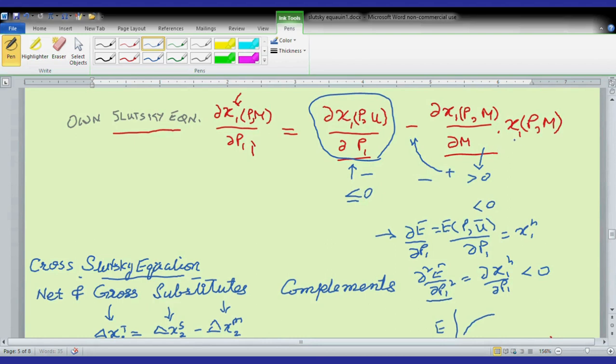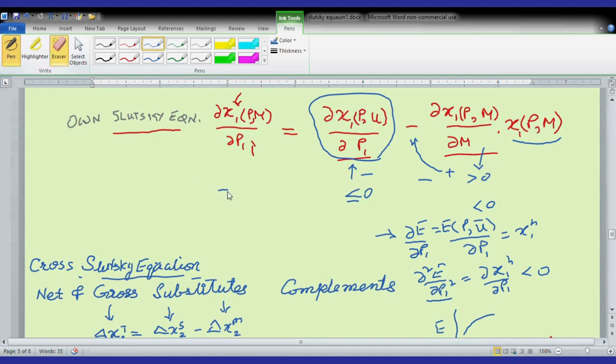Of course, this is the Marshallian demand function, and for any income and price combination, this either must be equal to 0 or greater than 0, so it cannot be negative. This is in line with the fact that if the good is a normal good, then the Marshallian demand curve will have a negative slope, and we had seen it earlier that in this conclusion there is no ambiguity involved.